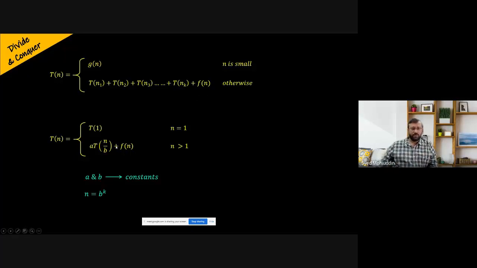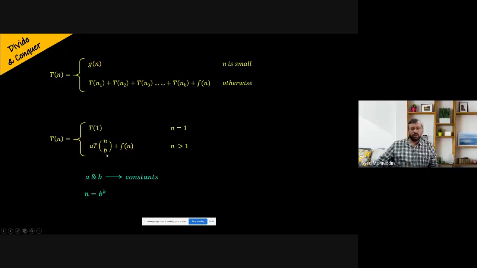So this becomes the generalized, reduced form of the recurrence relation for the divide and conquer approach, where a and b are constants and f of n is the time taken for dividing. And when n is equal to 1, the problem is small, which takes unit time, that is T of 1.